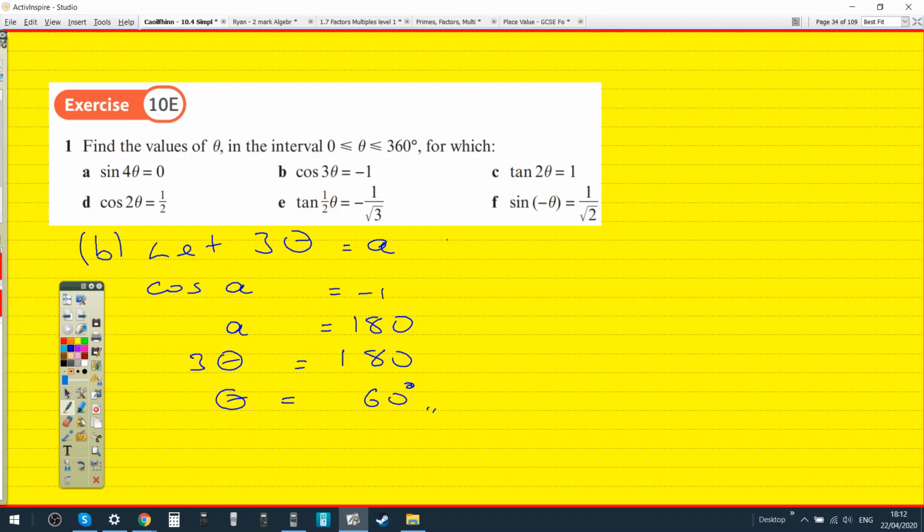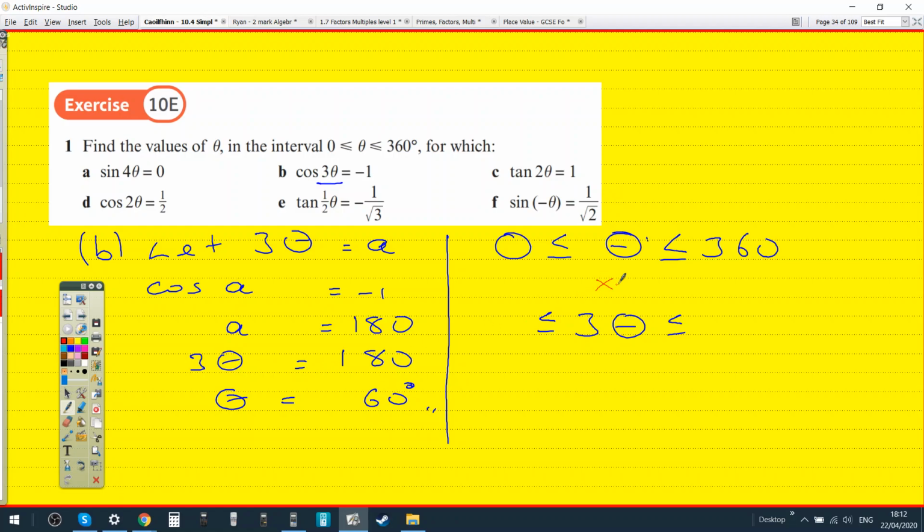I'll now introduce the next little thing. You know the way we didn't have theta, we had 3 theta. So theta is between 0 and 360. What is 3 theta between? How do you go from theta to 3 theta?